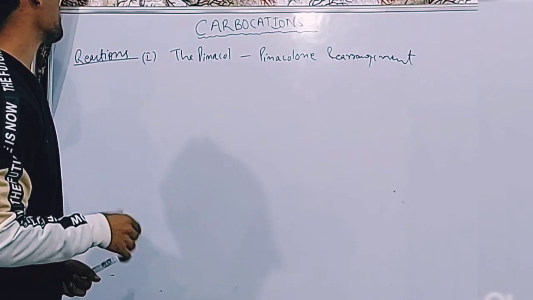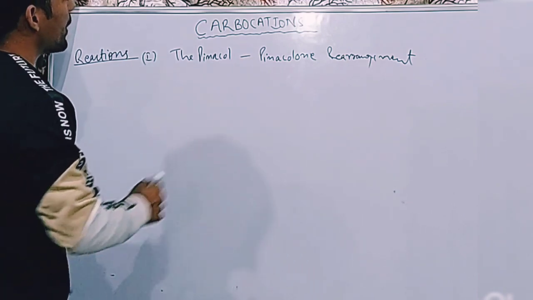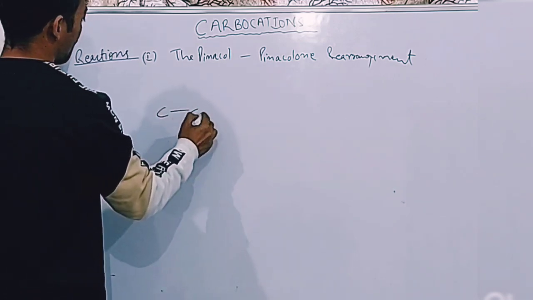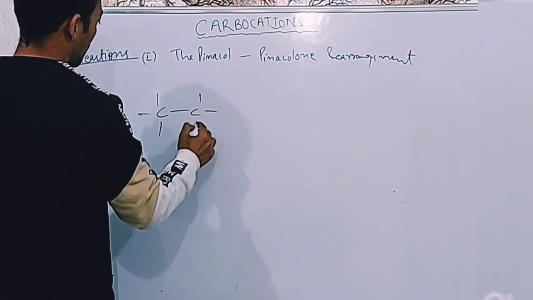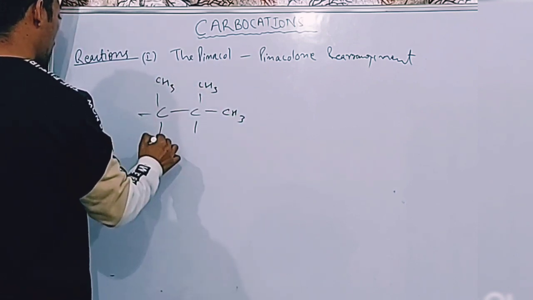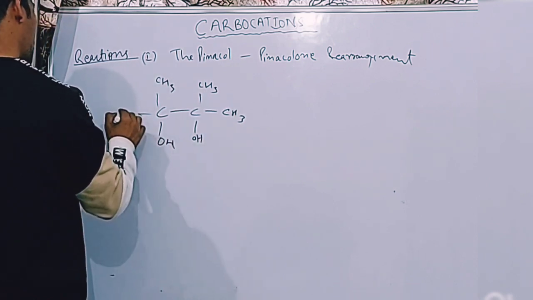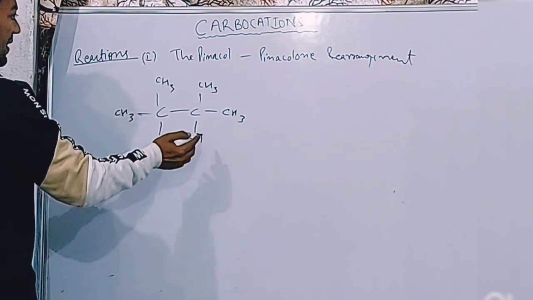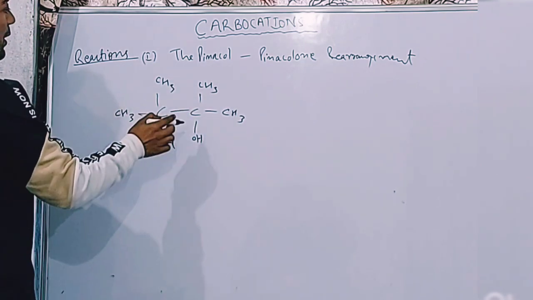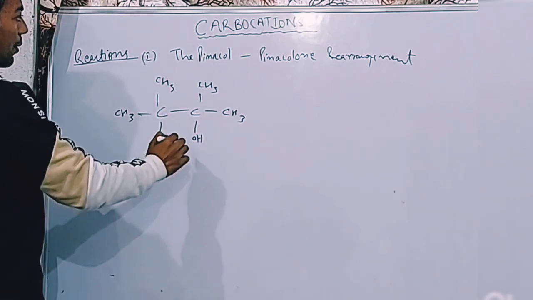Now we'll see a couple of reactions involving carbocations, and the first of them is the Pinacol-Pinacolone rearrangement. So see, this is Pinacol, and in the IUPAC name it can be named 2,3-dimethylbutane-2,3-diol.